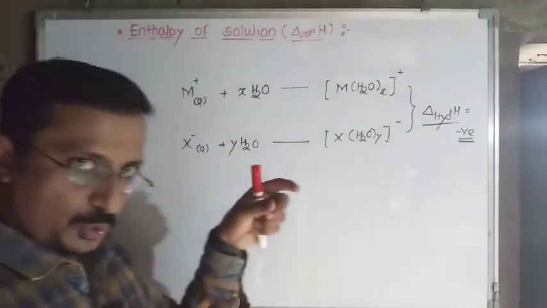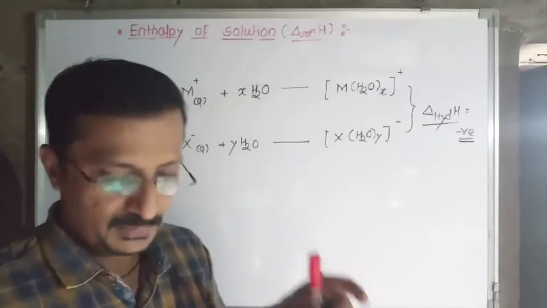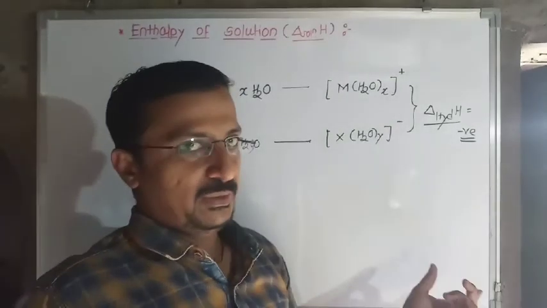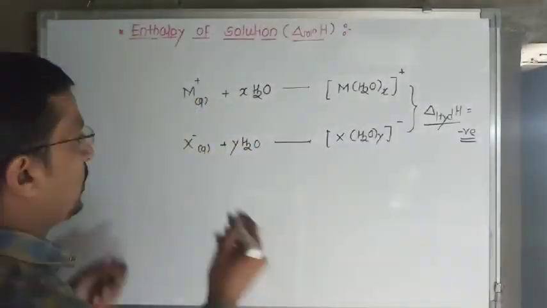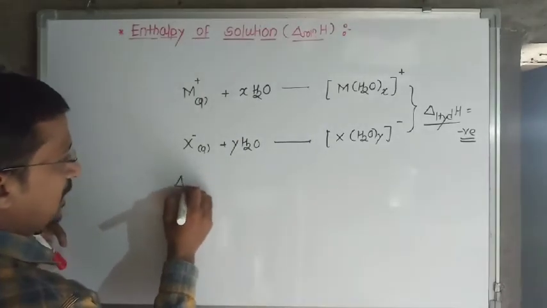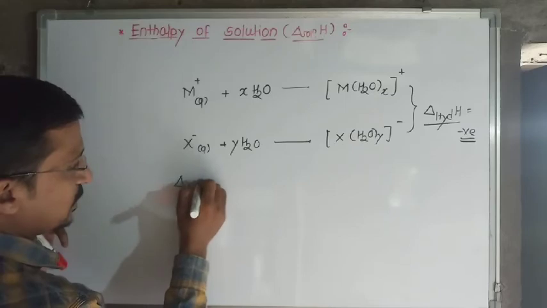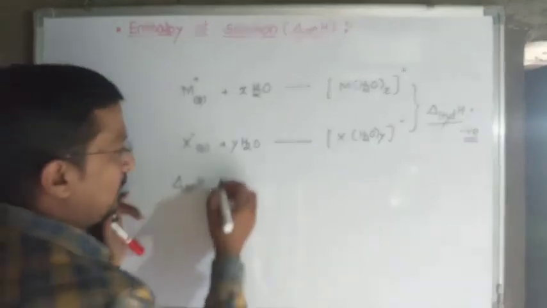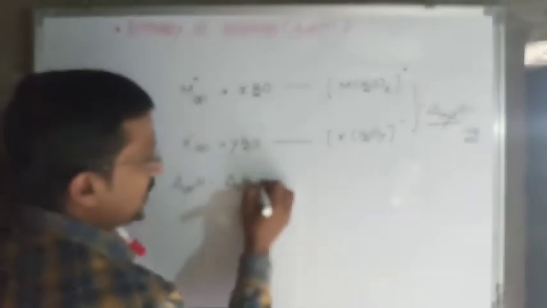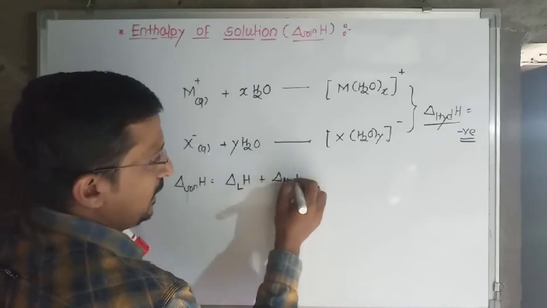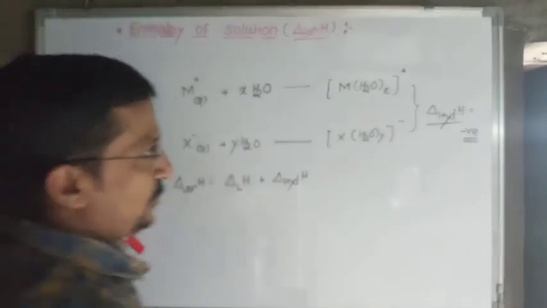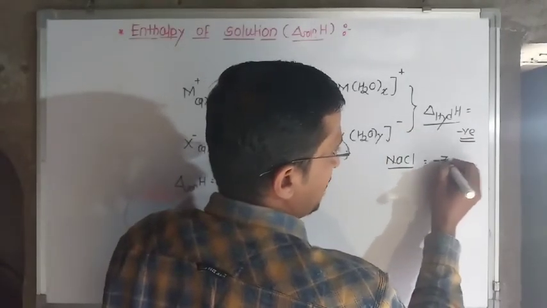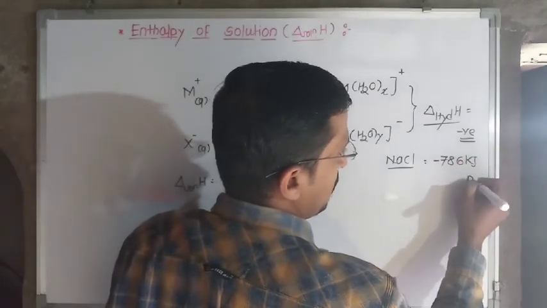So two enthalpies we covered up to now. The hydration enthalpy is always negative. So the overall enthalpy of solution, if you want to calculate, delta solution H is nothing but crystal lattice enthalpy plus hydration enthalpy, that is delta LH plus delta hydration H. For sodium chloride, delta hydration enthalpy is found to be minus 786 kilojoule per mole.